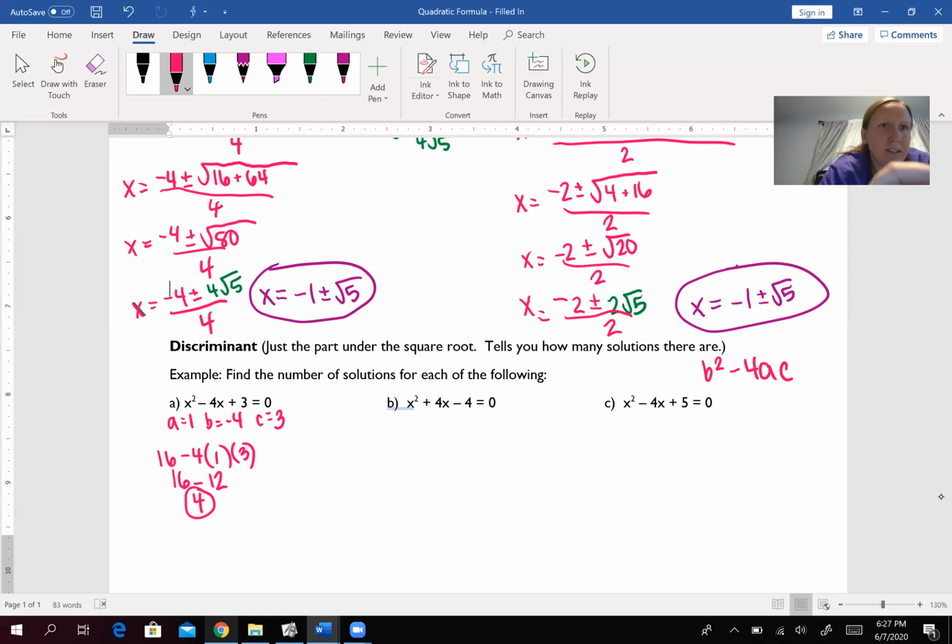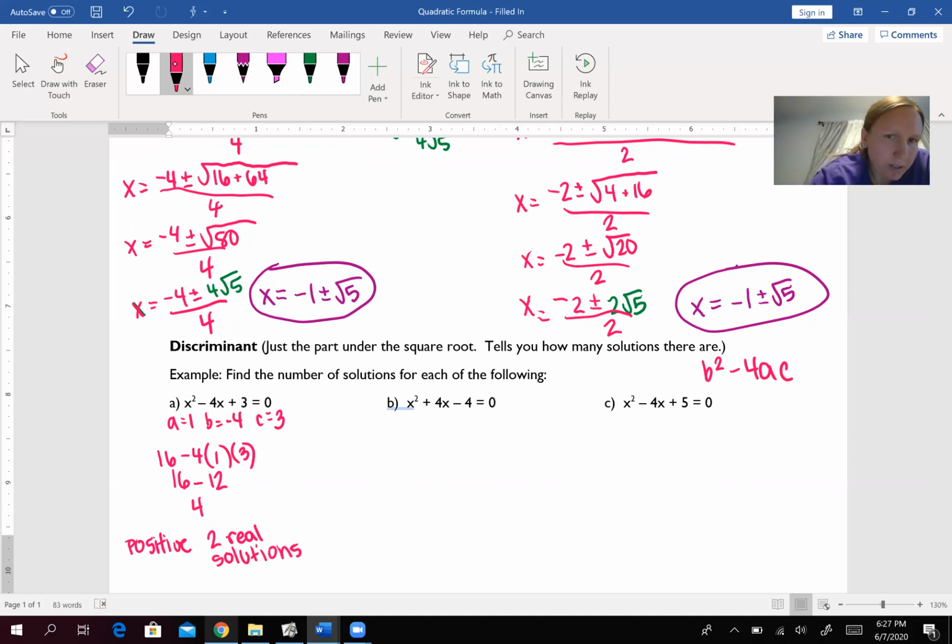I shouldn't circle it because that's not our final answer. And because it's a positive number, that means there are going to be 2 real solutions, because we would have positive or negative that number in the square root, which would give us 2 answers.